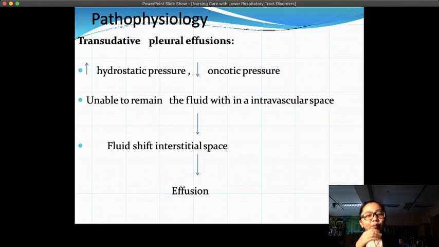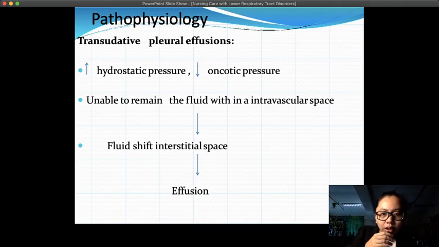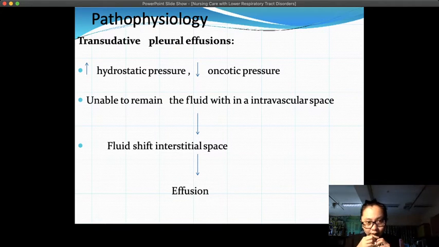So when the fluid shifts into the interstitial space na dapat wala doon ang fluid, that's when effusion occurs. Kaya tinawag siyang pleural effusion. There is an accumulation of more than enough fluid.